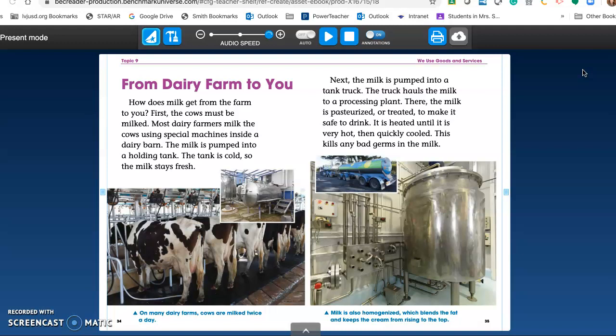From Dairy Farm to You. Before we read, I want you to think about the text features that you find in an informational text. This text is going to tell us the process of how milk goes from the farm to people's homes. Think about what kind of text features you might see in this selection.